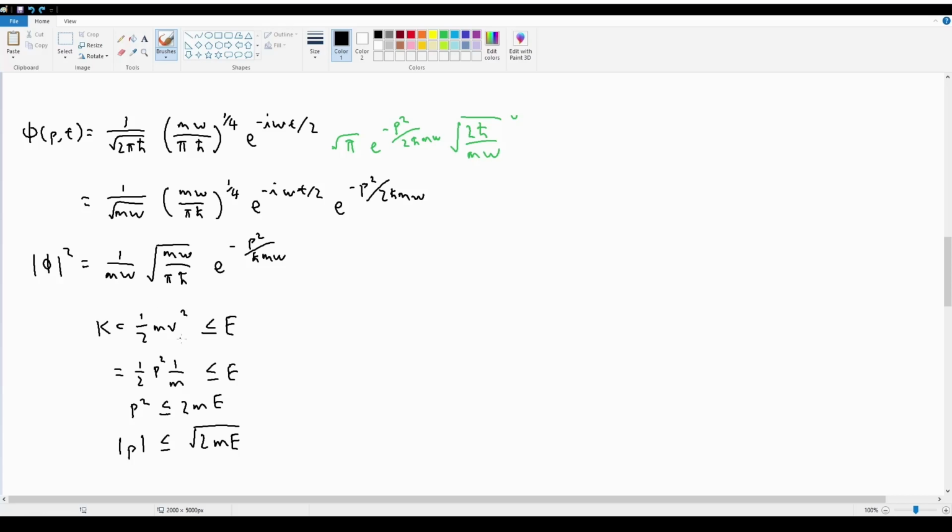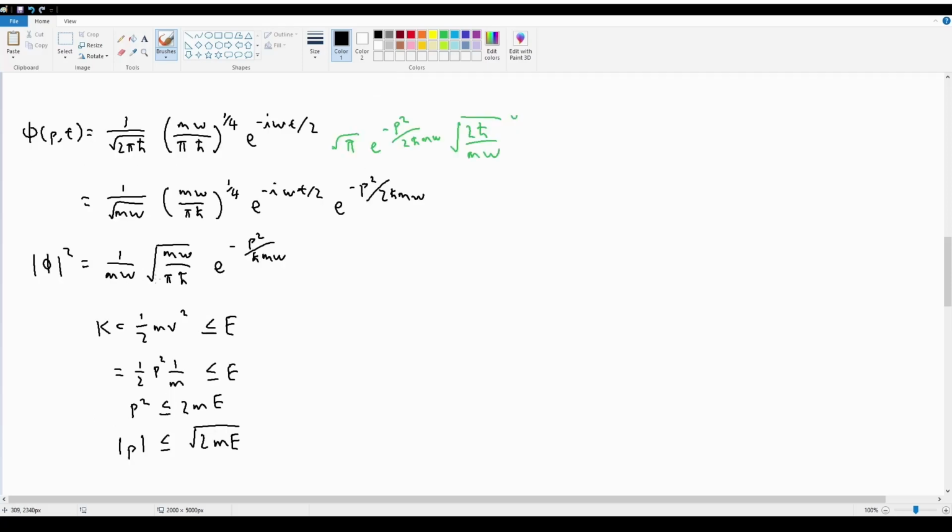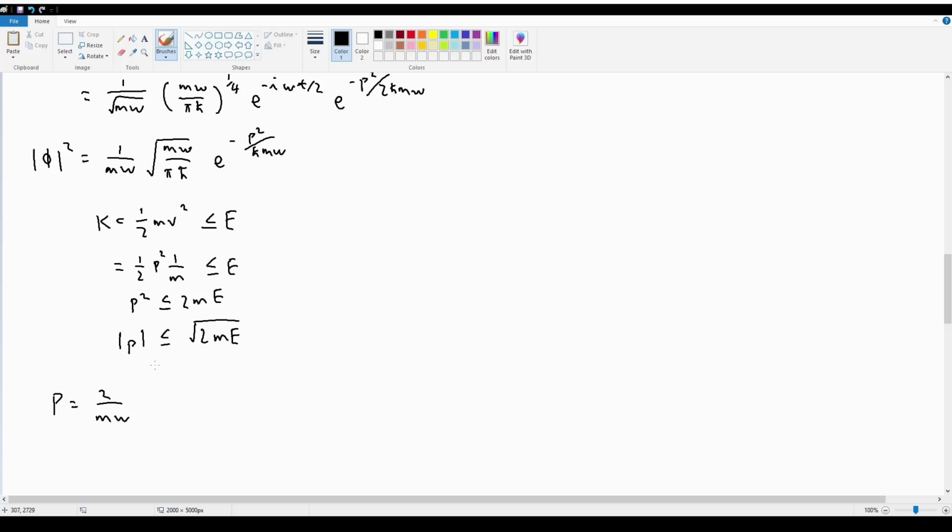So in that case, P is going to equal 2 over m omega from before, right? Or actually, you know what? I think I'm skipping a step. So let's go at this fundamentally.